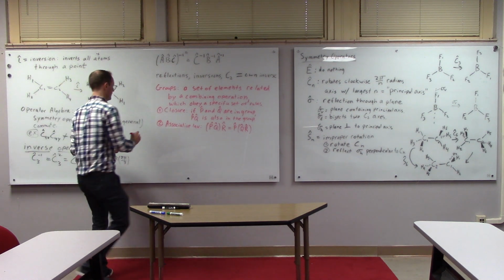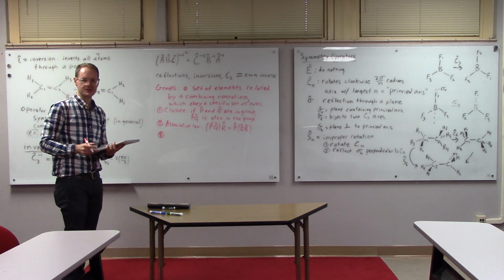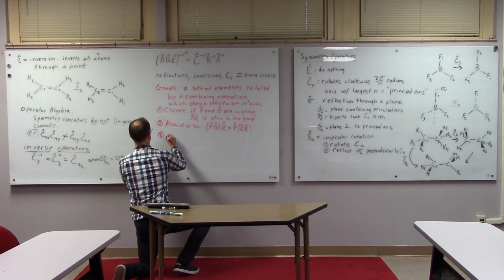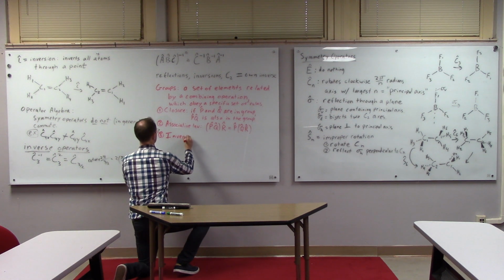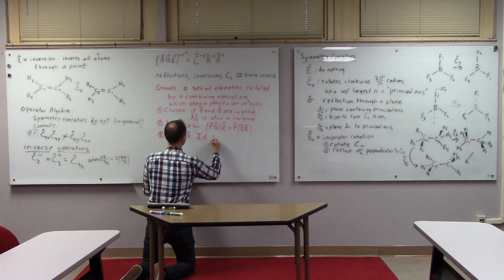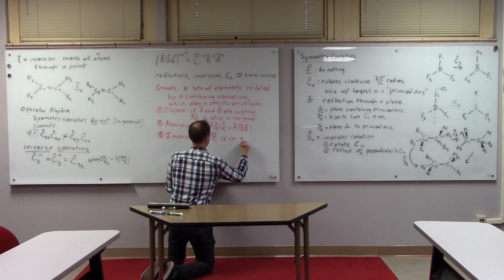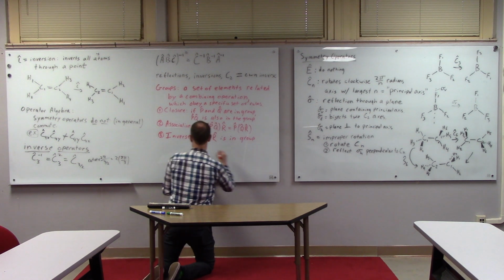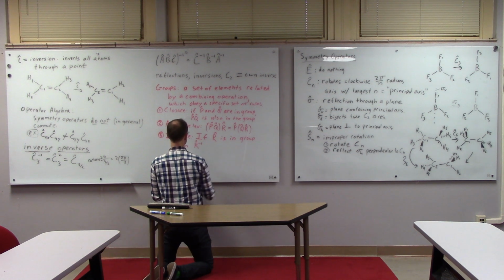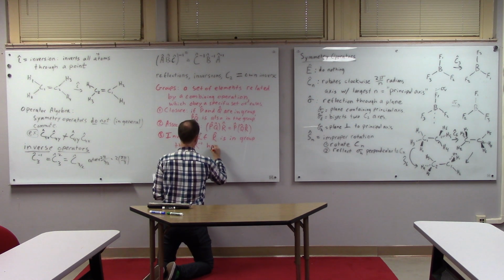Okay. The third requirement is that each element of the group also has to have its inverse in the group. So the inverse rule says that if some operator R is in the group, then R inverse has to be in the group.